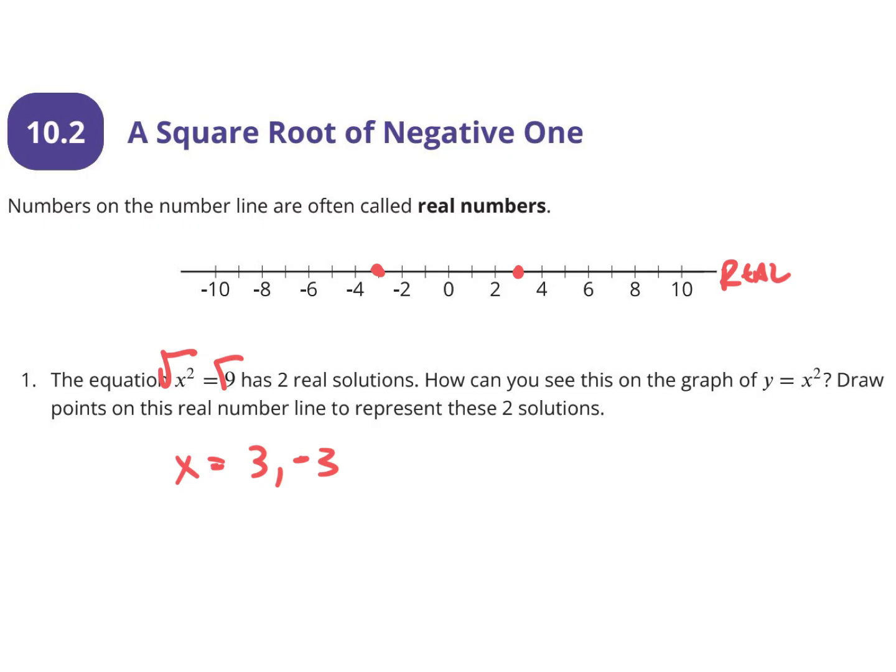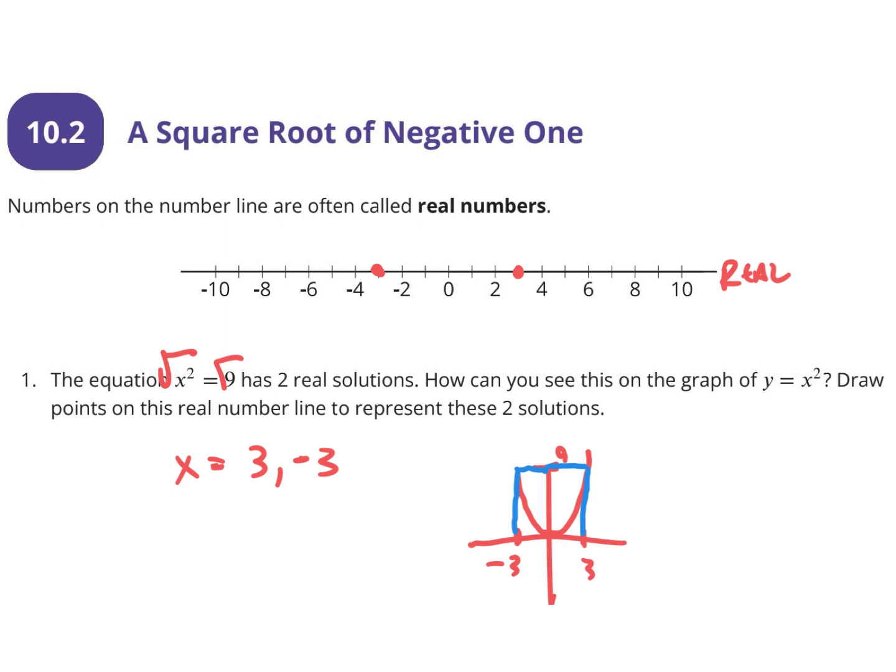Now, if we drew this on a graph of y equals x squared, that's this graph. 9 would be here, and 3 would be here, and -3 would be here. And what you're supposed to do is draw a line over till you hit the graph, and then come down and you hit 3. And also, it hits -3.